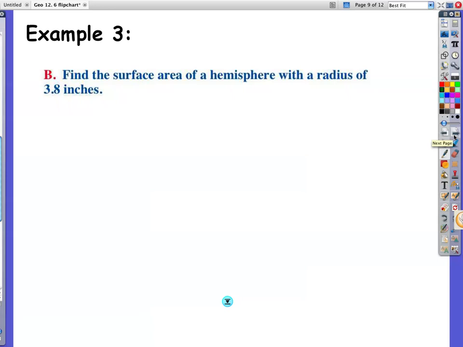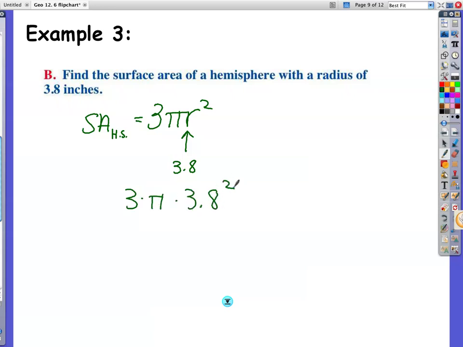All right, example 3. Find the surface area of a hemisphere. A hemisphere is when you take a sphere and you cut it in half, with a radius of 3.8 inches. We did talk about how we get the surface area of a hemisphere, and it's actually 3 pi r squared. Okay, the radius is 3.8, so I need to put 3.8 in for r, so I'll take 3 times pi times 3.8 squared to give me the surface area of that hemisphere.